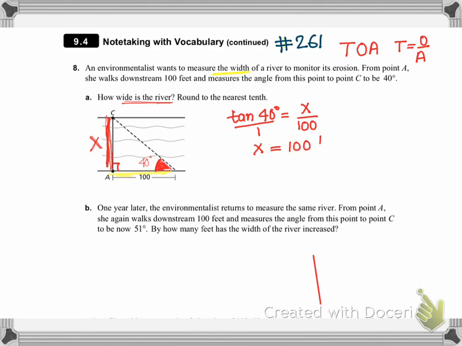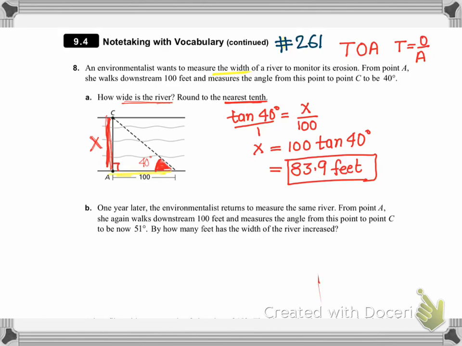Plug it in your calculator, and make sure your calculator is in degree mode. That's going to be 83.9 feet, because we round to the nearest tenth by looking at the next digit. So 83.9 feet is the answer for this problem.